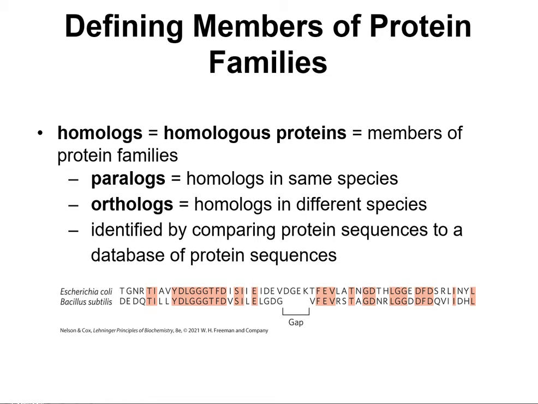So that would be, for example, in humans, we have different homologs. Ortholog would mean a human protein and, say, a cow protein. They're members of the same protein family, but humans and cows are two different species. So those proteins would be orthologs.